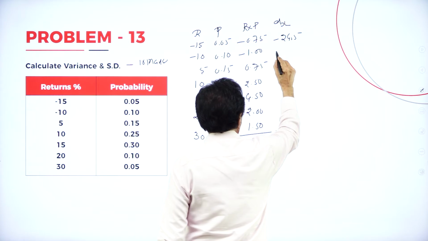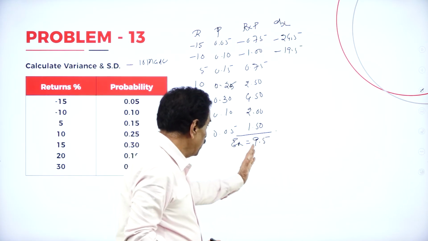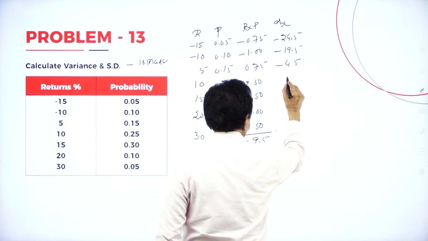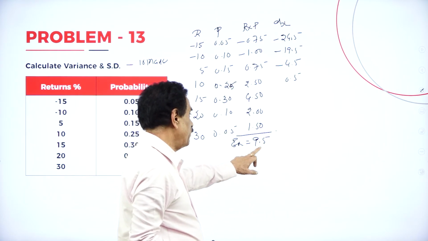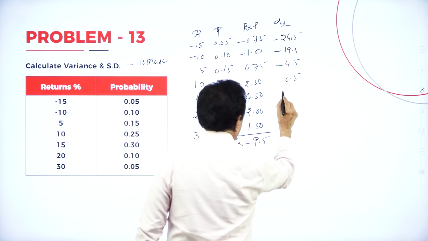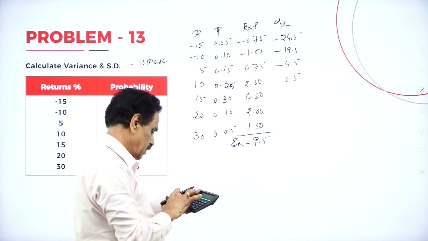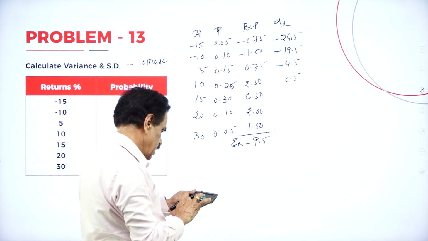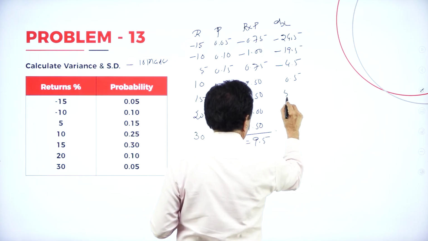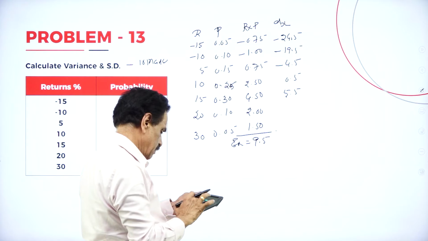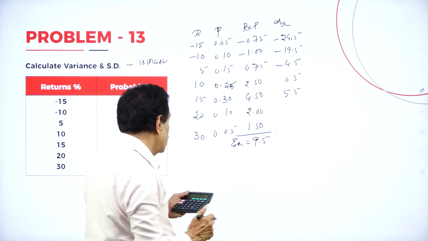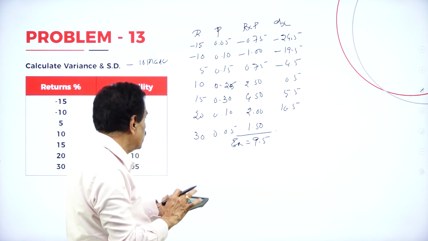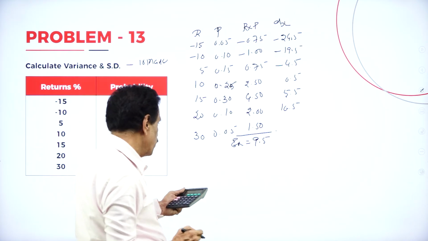Minus 10 minus 9.5 is minus 19.5. 5 minus 9.5 is minus 4.5. 10 minus 9.5 is 0.5. 15 minus 9.5 is 5.5. 20 minus 9.5 is 10.5. 30 minus 9.5 is 20.5.